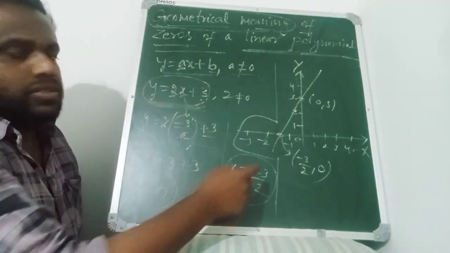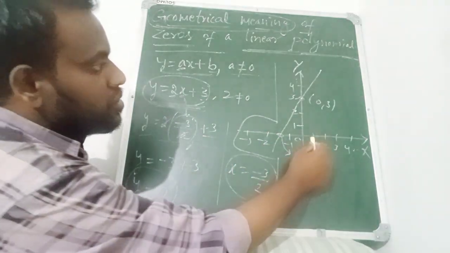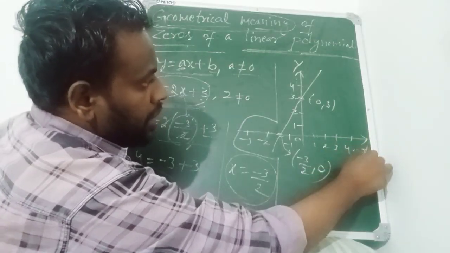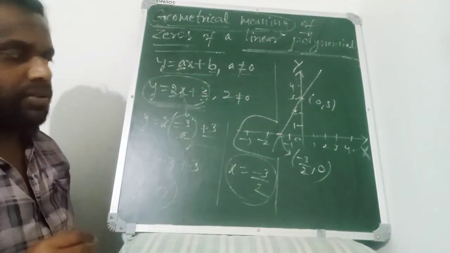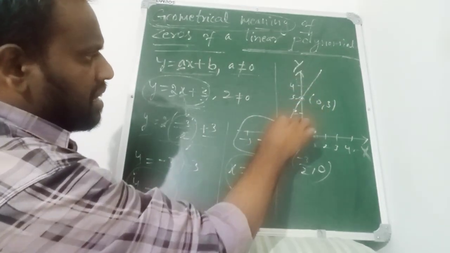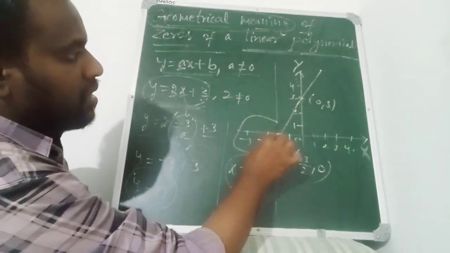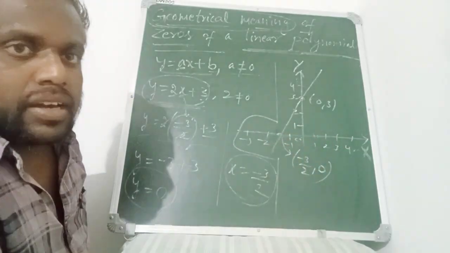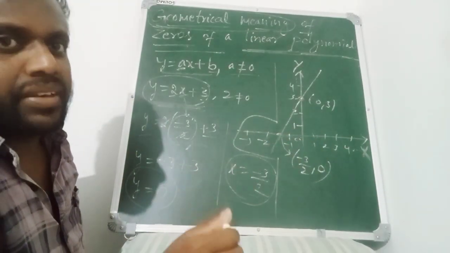You can see the graph now. So this is x-axis, right? This is x-axis. So I put x here. You can see this line crossing the x-axis, or I can say intersecting.